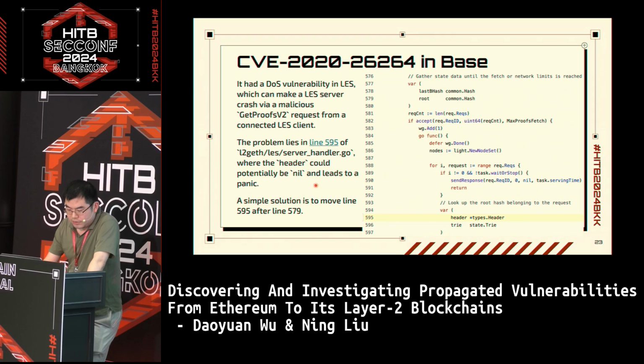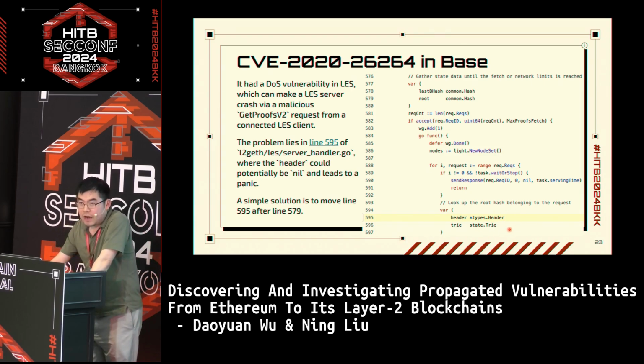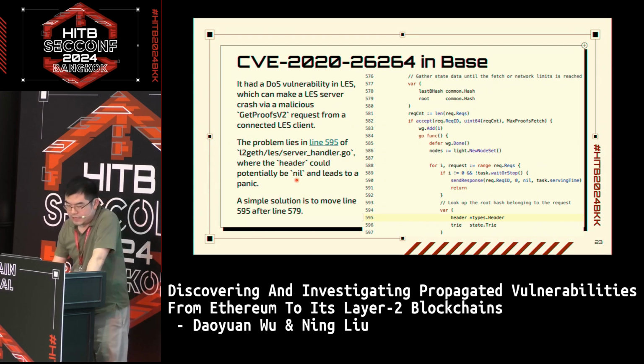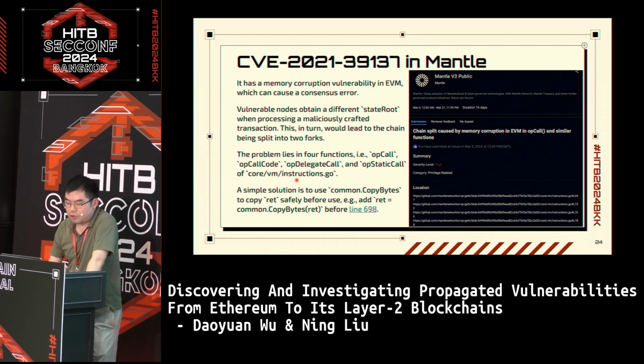The simple root cause of this case is that this variable, this structure, could potentially be nil, which will cause a panic issue in the Coinbase blockchain.